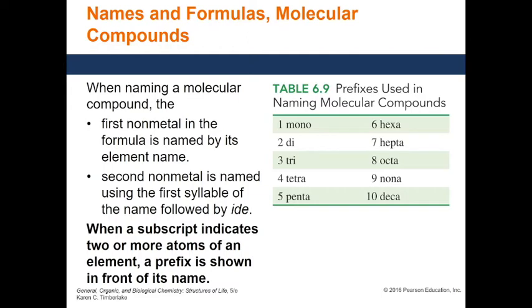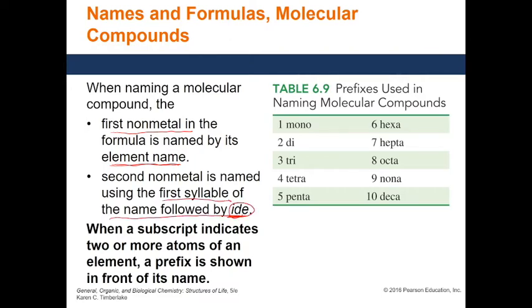Basically, the rule is that when we are naming a molecular compound, the first non-metal in the formula is named by the element name. So whatever is the name of the first non-metal that we see, we basically just use the name of that element. And the second non-metal is named by using the first syllable of the name followed by IDE.